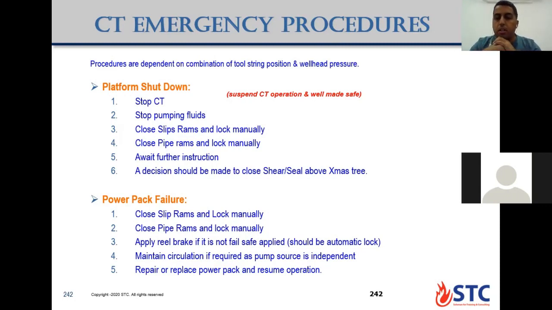The pump is running, so you will not get the coiled tubing stuck, especially if you are doing a clean out job or milling job. Number 5, take action to repair the power pack, or sometimes replace the whole power pack system with a new one. Then equalize the pressure, open the rams and resume your operation.